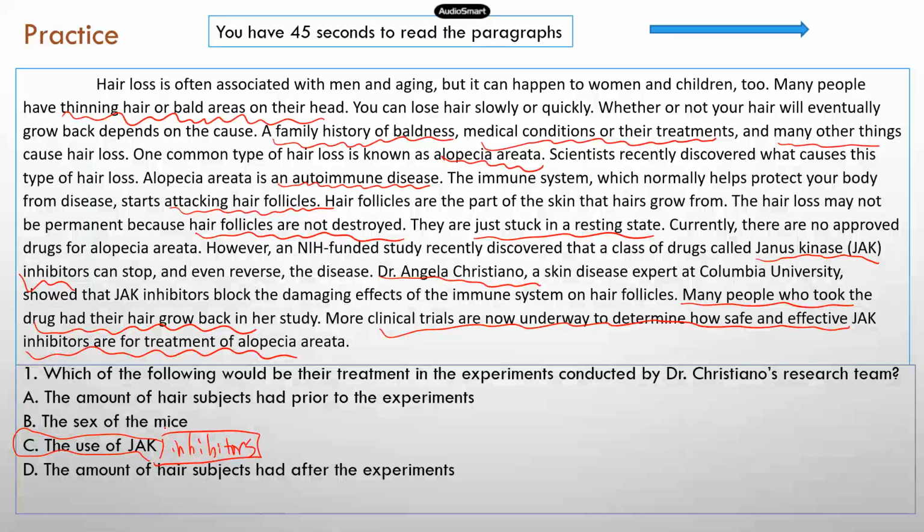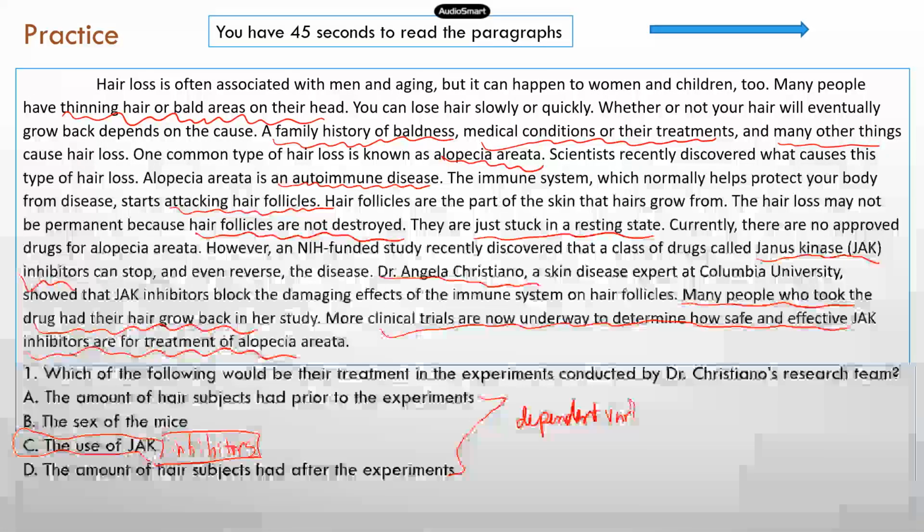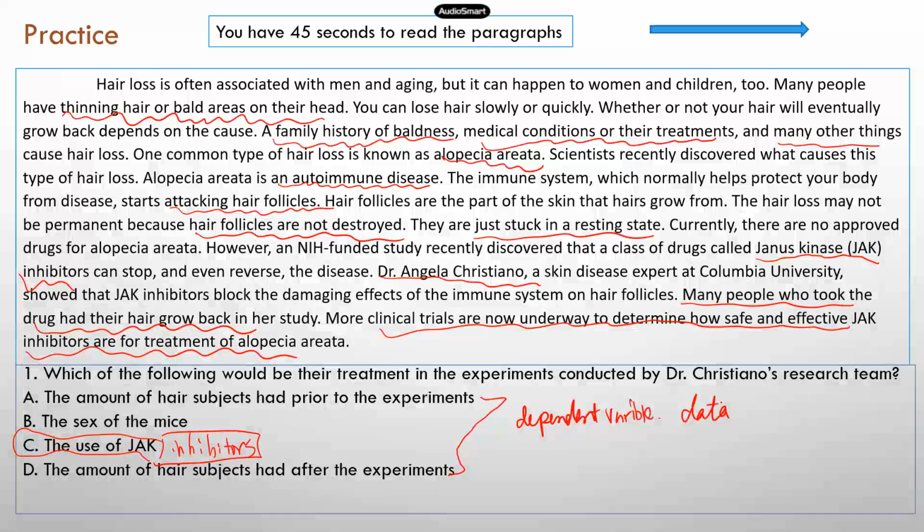The amount of hair subjects had prior or after the experiment, that's going to be the dependent variable, and that's going to be the data that will be collected, right? So you're going to collect data on the amount of hair before and after the experiment, and then see if the drug had any effect on the difference, right, before and after the experiment.